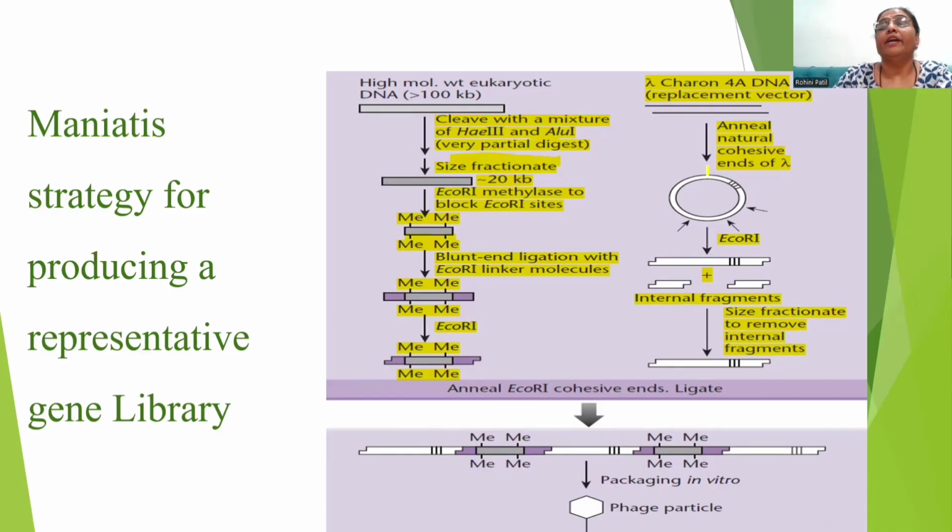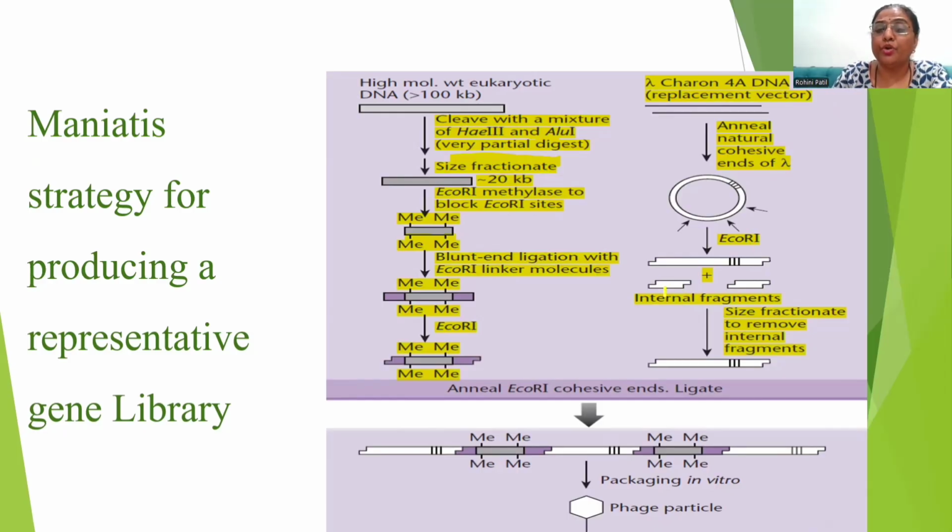Now here, the vector in which we have to clone this, okay? We have to clone this 20 kb fragment, that vector. Here it is Charon 4A. And this is a replacement vector. Now here, the vector molecule is going to be digested with the EcoRI. So here there is a generation of what?